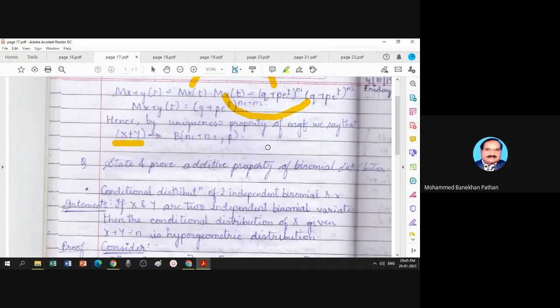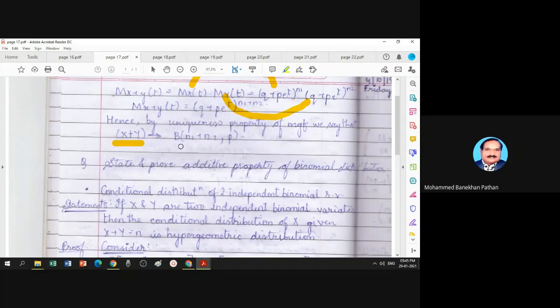Answer is no. Why? Because your binomial random variable assumes non-negative integer values.